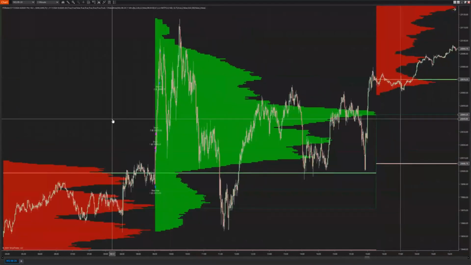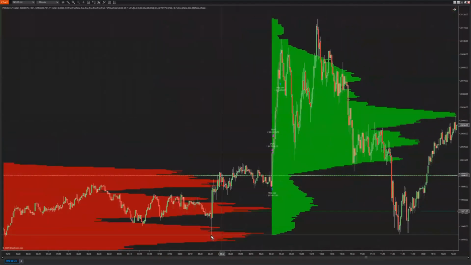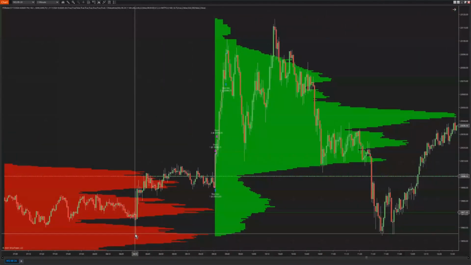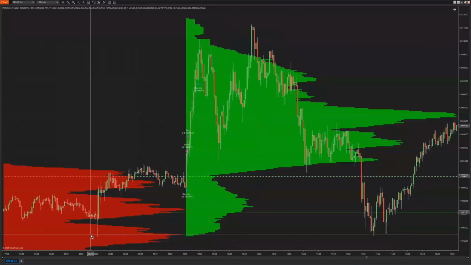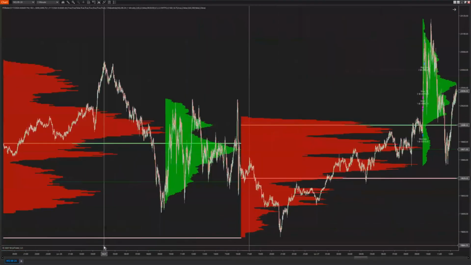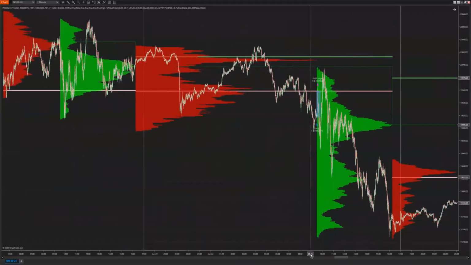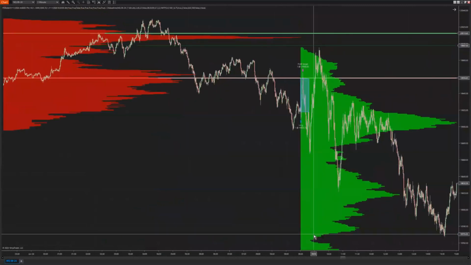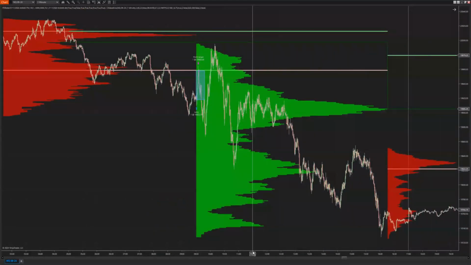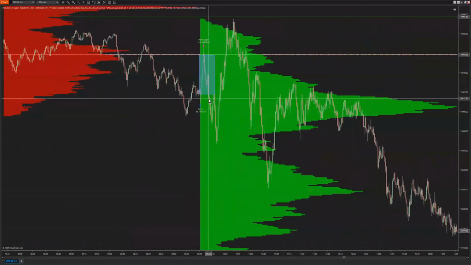So I've been playing around with different systems on this. So you can see here, this one tried to fill that gap there. I don't know if that was correct, but here's one that's doing exactly what I just described. So we're entering on open and we're filling that gap to the profit target here. So captured that whole move right there.